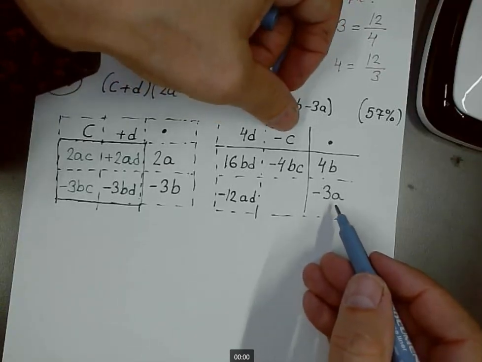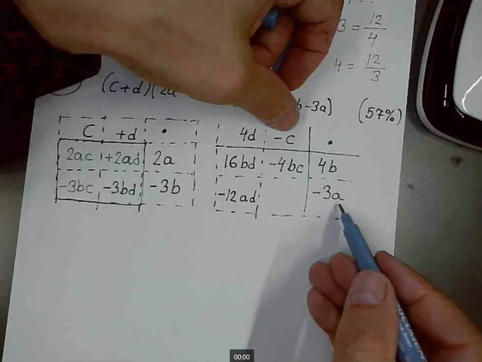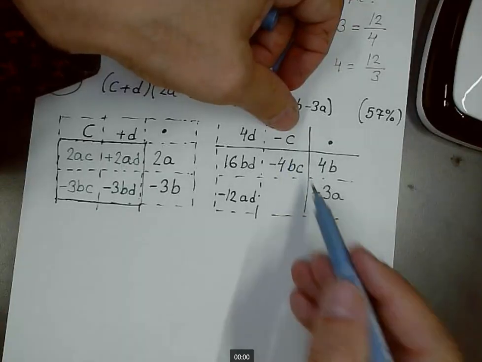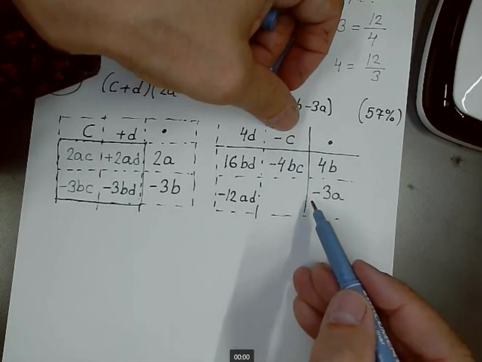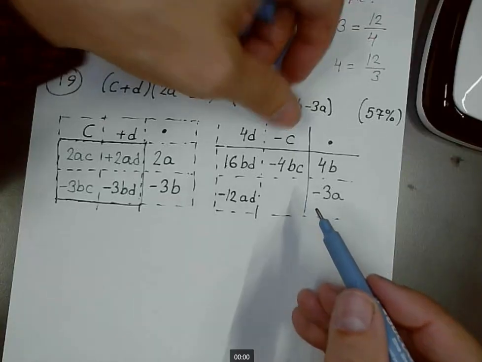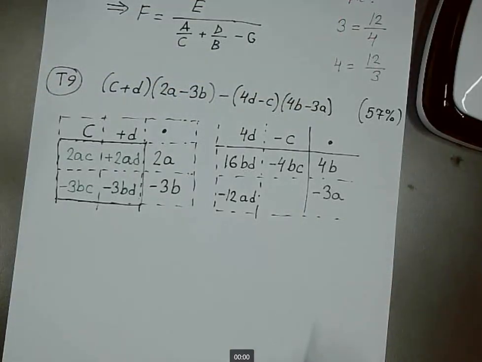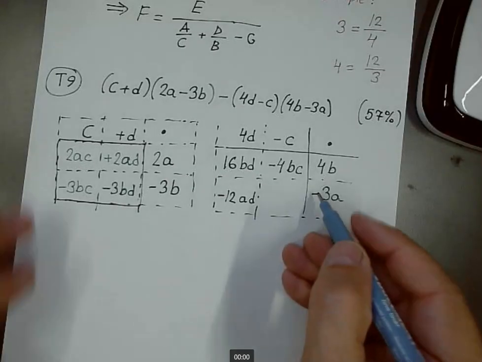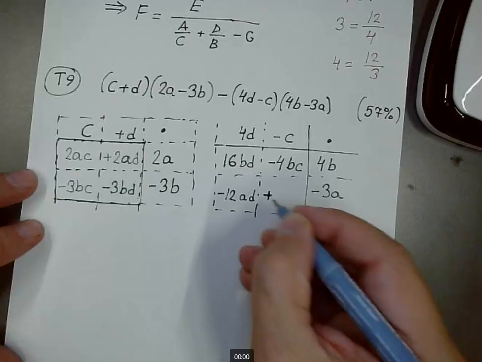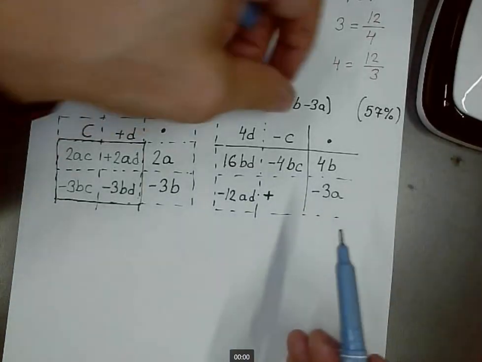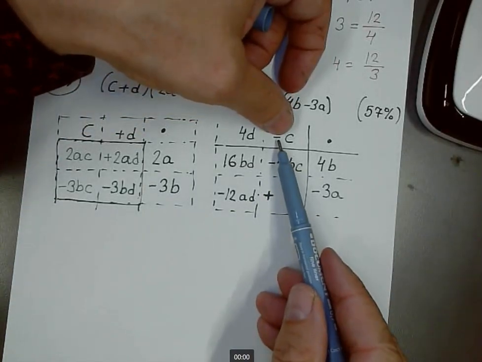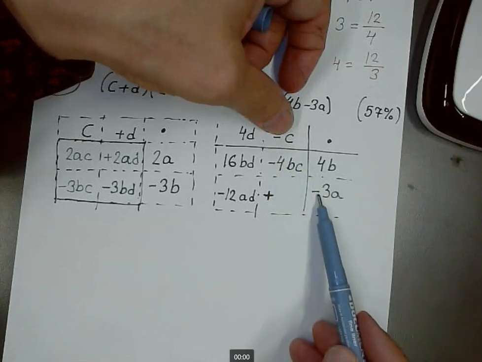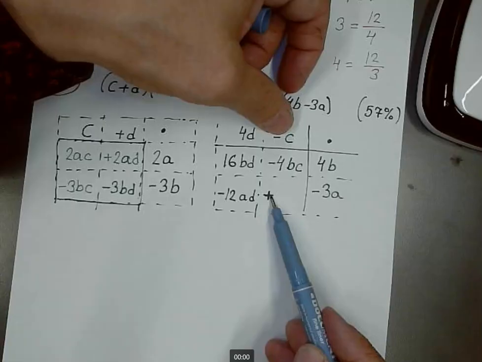And then here minus C times minus 3A. There are two minus signs, so that's an even number of minus signs, so it will be plus. Or we may also think that this minus sign changes this sign to the plus, so then there will be plus here.